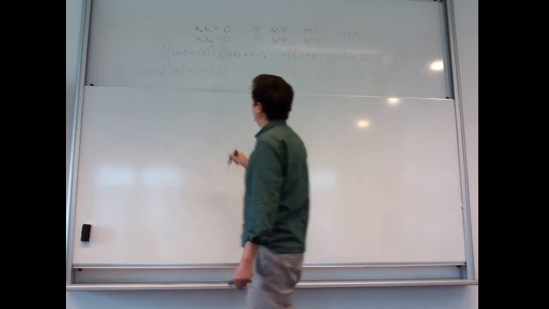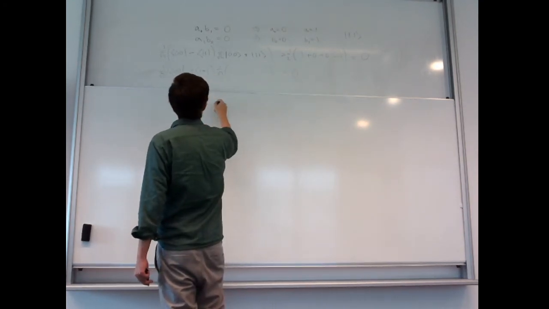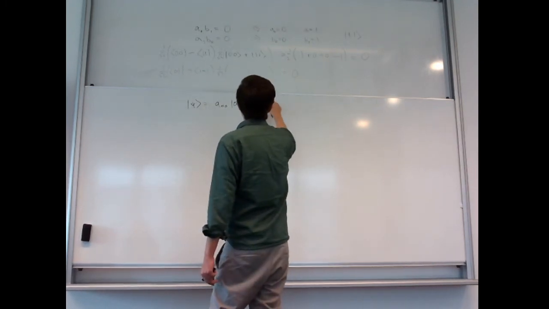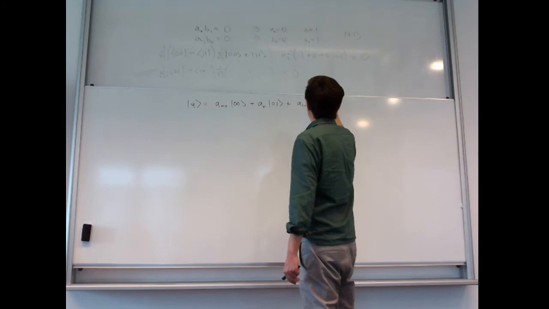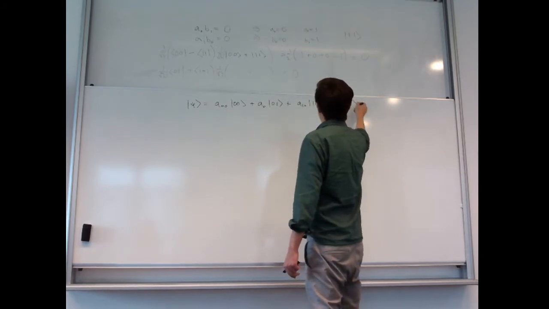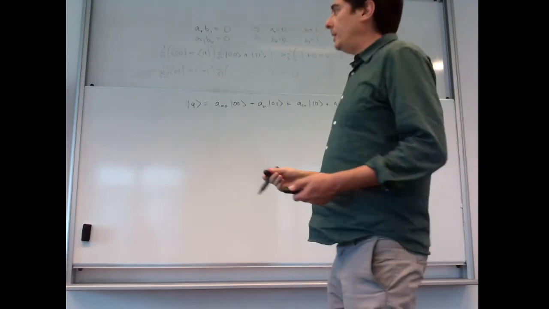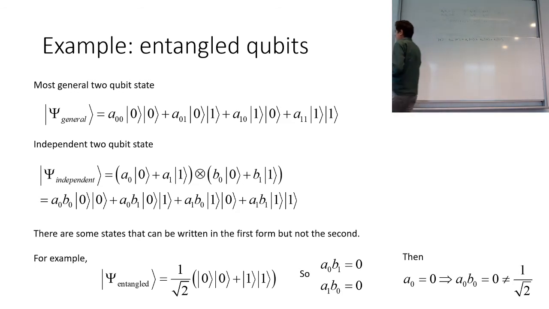there's a way of writing any state. I'll give you a little bit of an idea of how this works. Here's our general state. An unentangled state, or an independent state, is of this form.